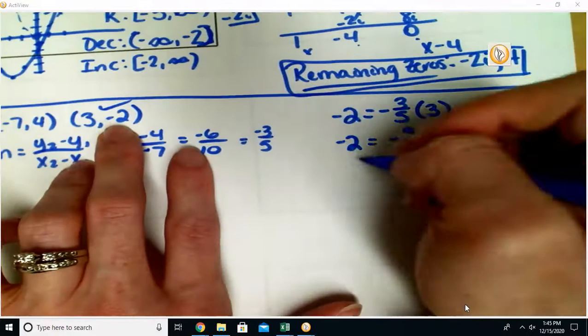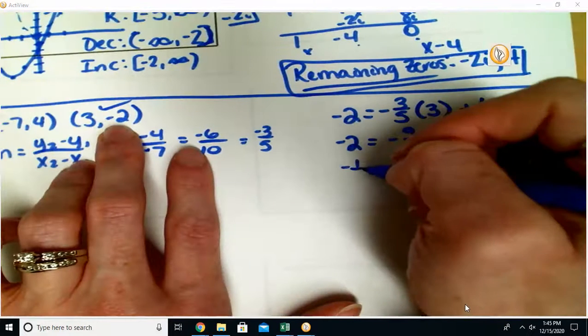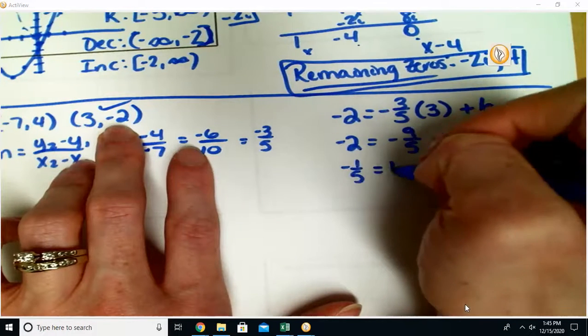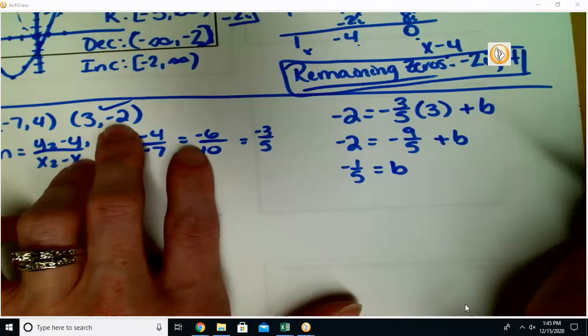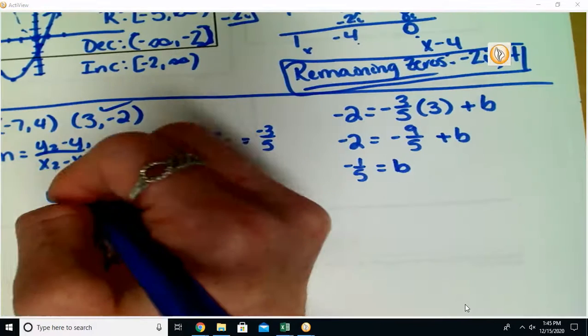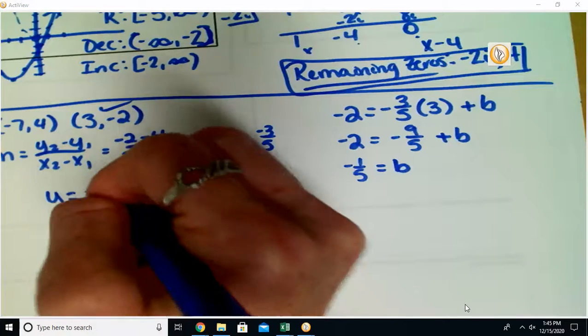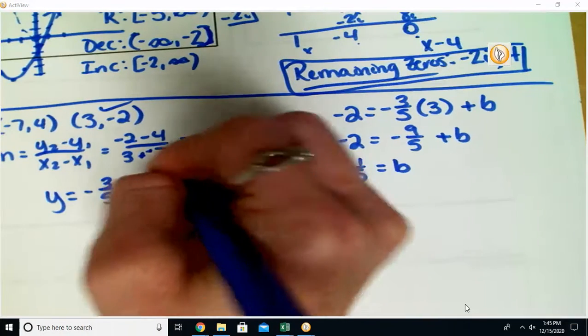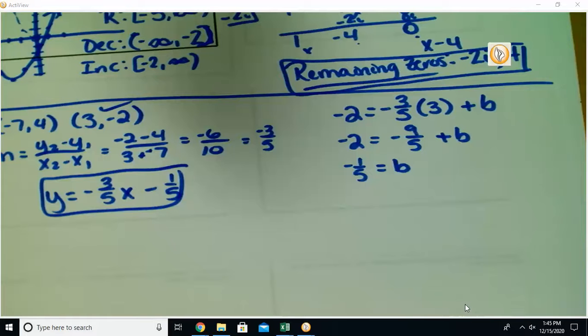If I add over my 9/5, I get a negative 1/5. So my equation would be y equals negative 3/5 x minus 1/5.